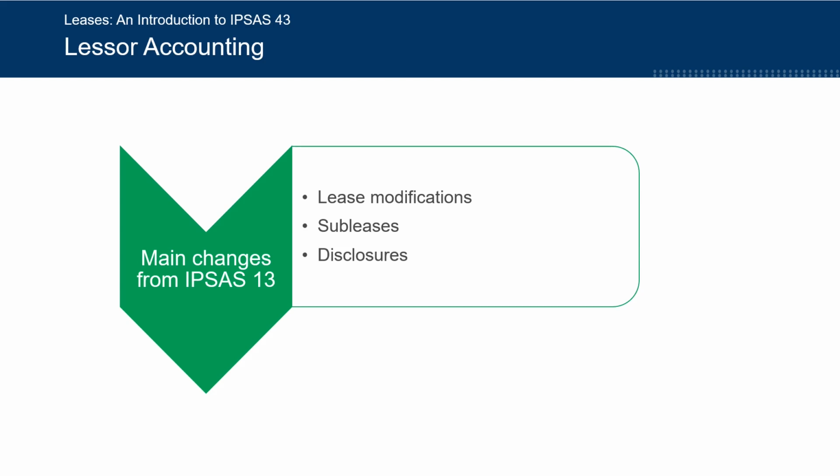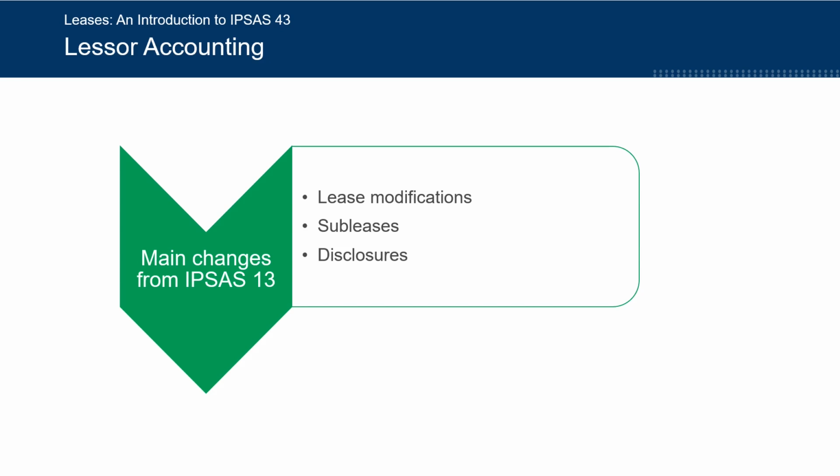IPSAS 43 accounts for a modification to an operating lease as a new lease from the effective date of the modification, considering any prepaid or accrued lease payments related to the original lease as part of the lease payments for the new lease. IPSAS 13 does not include specific requirements relating to lease modifications.